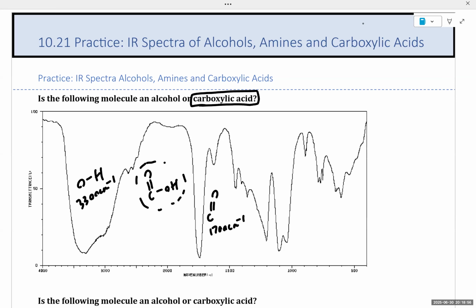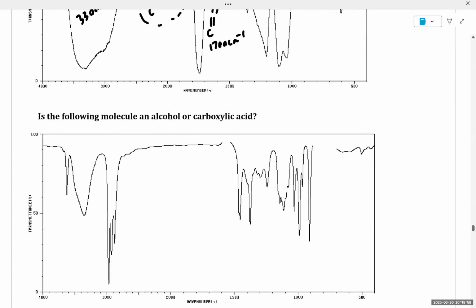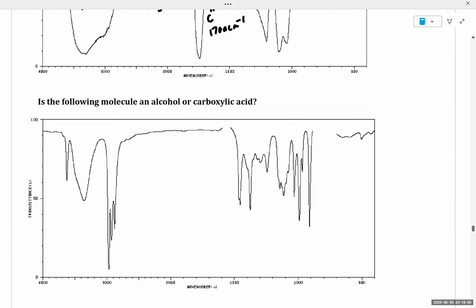Let's do another practice problem, and I'd like you to tell me, is the following molecule an alcohol or a carboxylic acid? Pause the video, take a few moments, and then we'll discuss. Okay, so here we have an OH stretch.